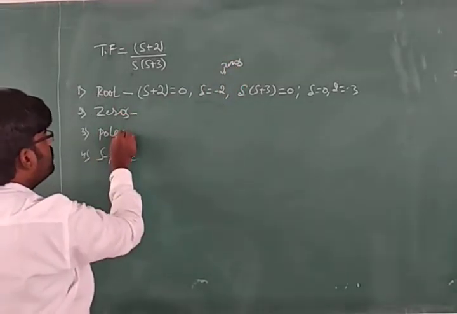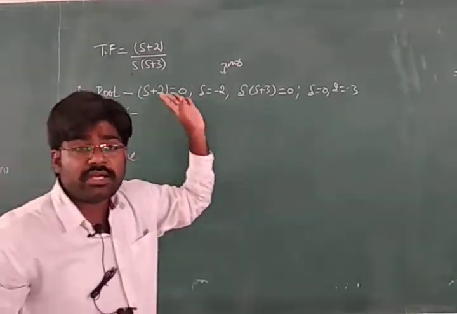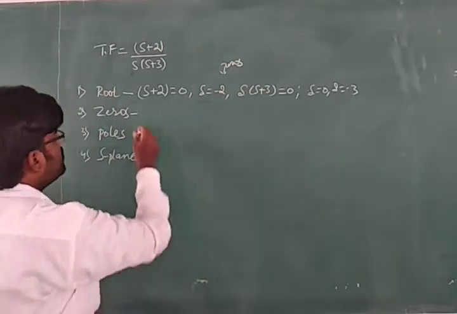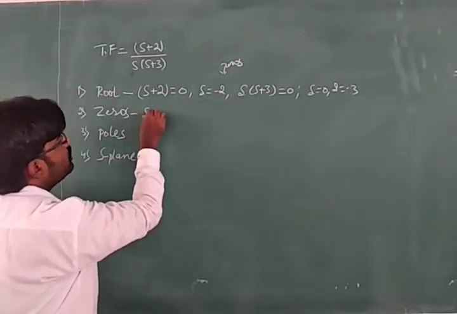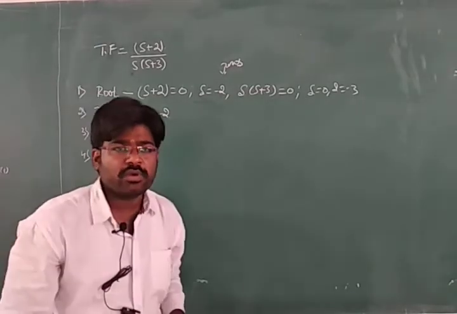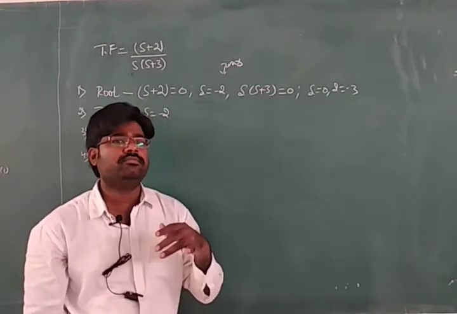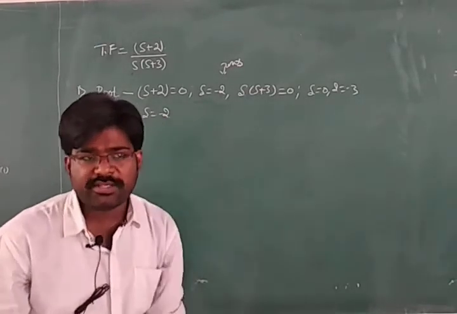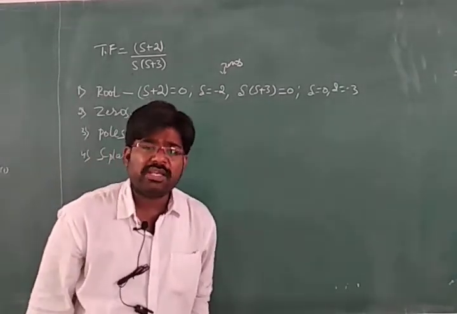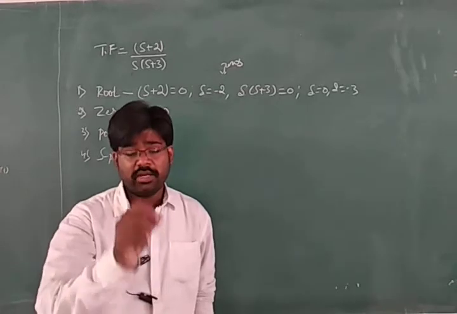Zeros and poles. The roots of the numerator are called zeros, so here S is equal to minus 2 is nothing but a zero. Now similarly, poles are defined as the roots of the denominator.